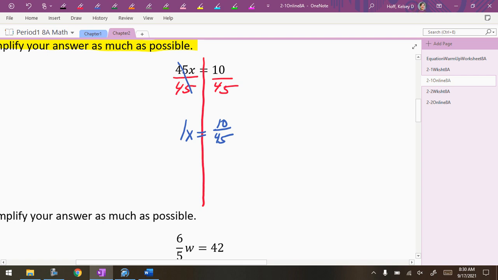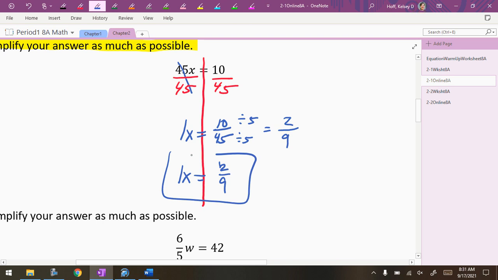Sarah, 5. 10 divided by 5 is 2. 45 divided by 5 is, careful, 9. So x is equal to 2 ninths. So if your directions say to simplify and you get a decimal, you need to make sure that you write the same fraction down and reduce it.